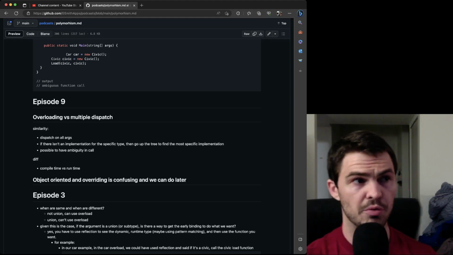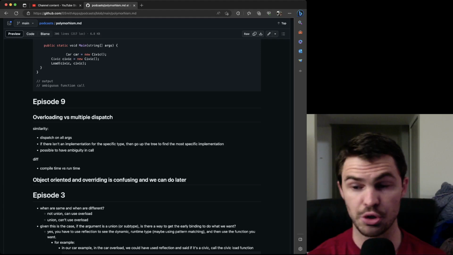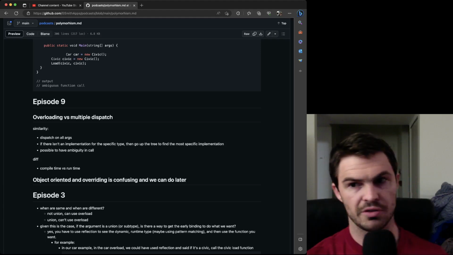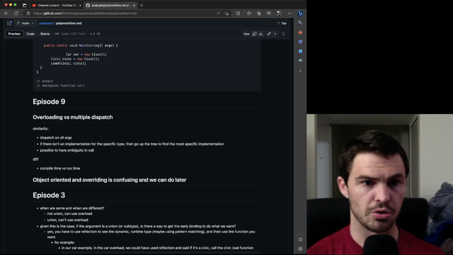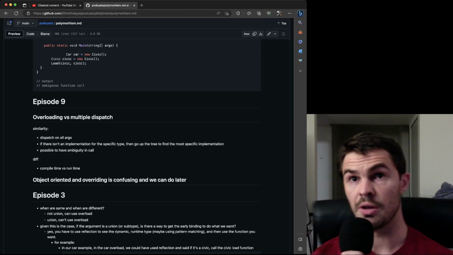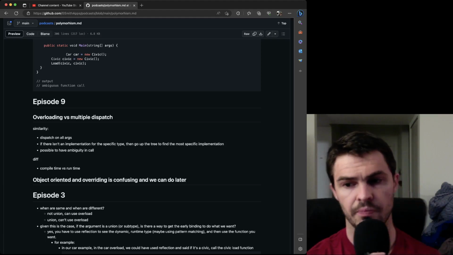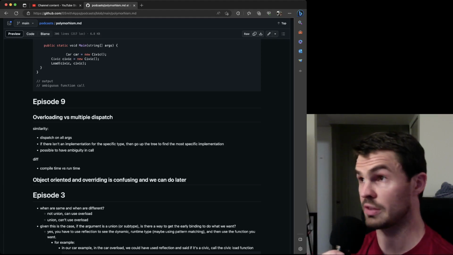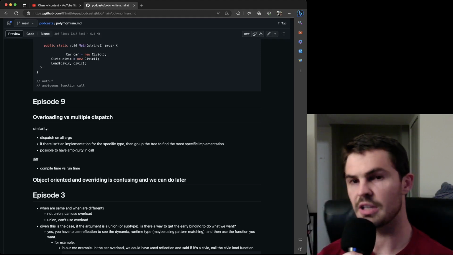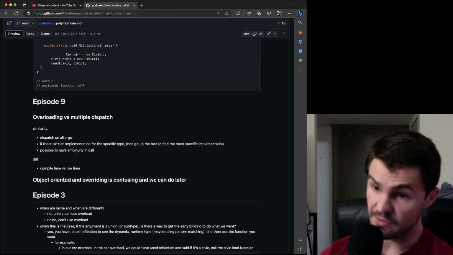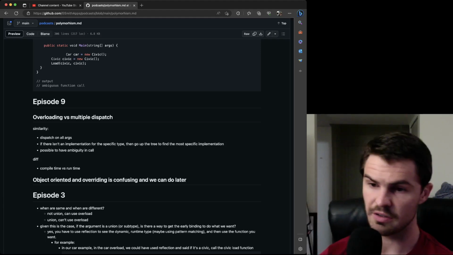An example of when it happens would be if at compile time you have a union type. For example, maybe you're reading something from the console, and your read console function's return type could be a string or an integer. Usually that would be a union type of a string and an integer, sort of an either-or.